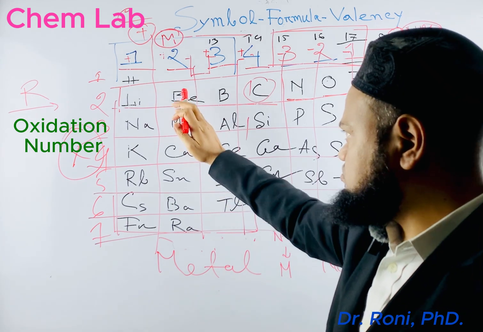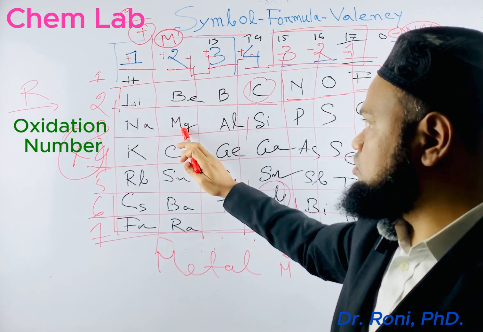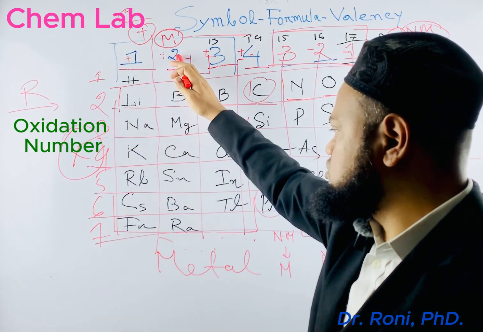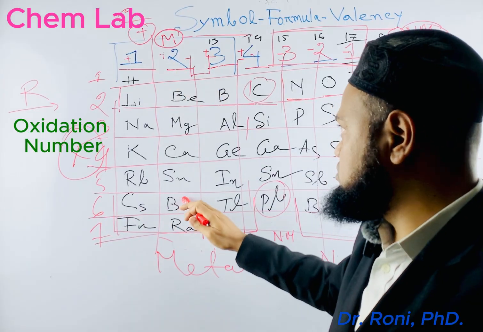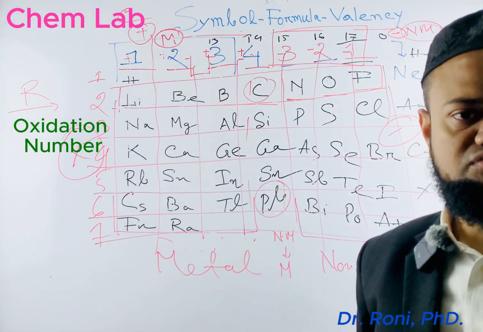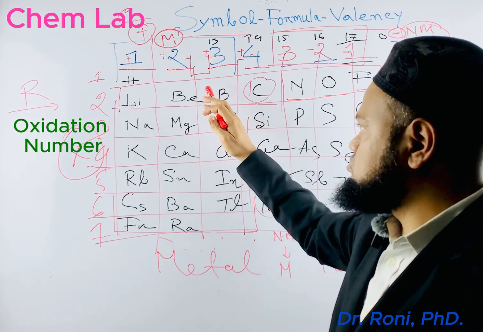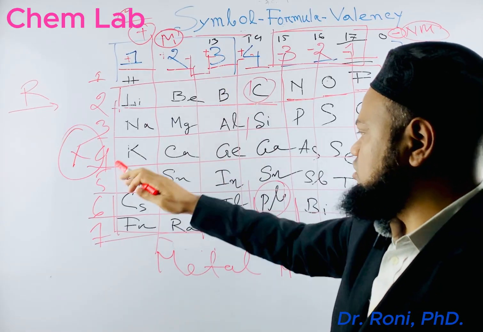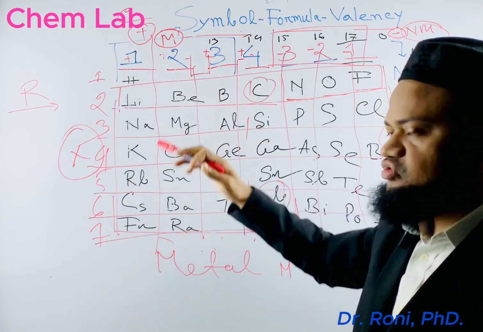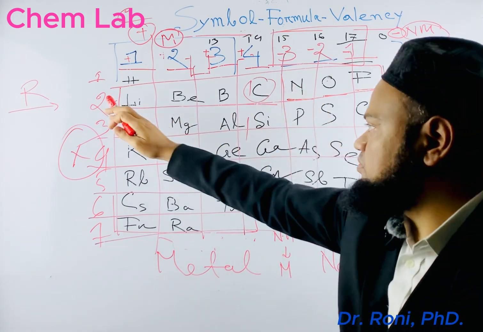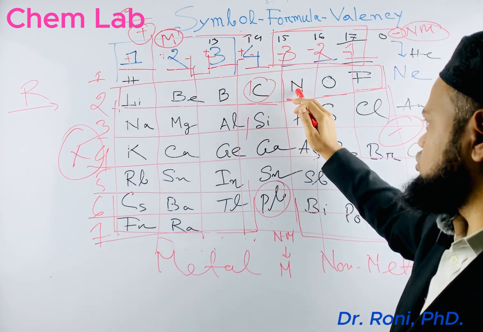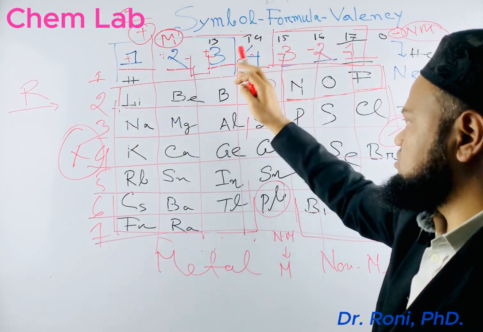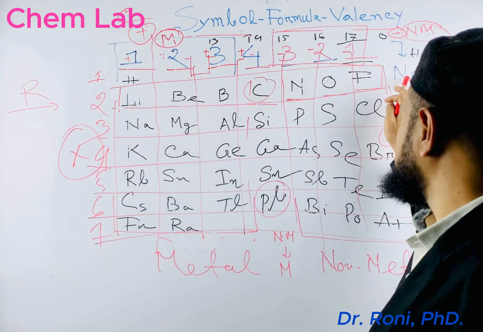The positions: 2, 2; 2, 3; if you consider like 4, 2; 5, 2; 6, 2; 7, 2. Then 2, 3; 3, 3; 4, 3; 5, 3; 6, 3. Then 2, 15; 2, 16; 2, 17; 2, 18.